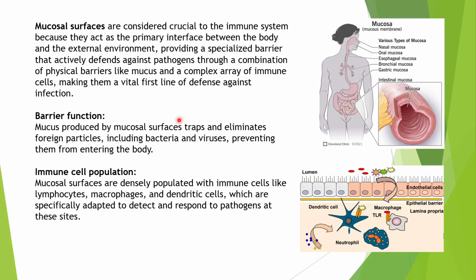So it's not only the mucus that is present here. There are several cells involved in it, and a few of your immune system cells are also involved in these surface layers, because only mucus or anything secreted in the mucus is not enough to be an effective protective barrier.